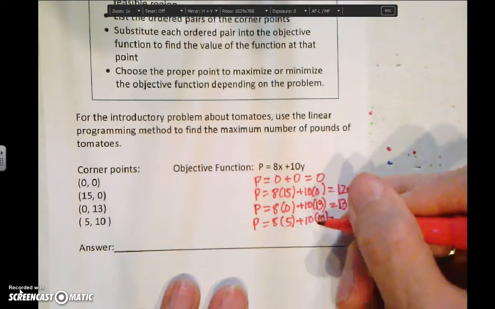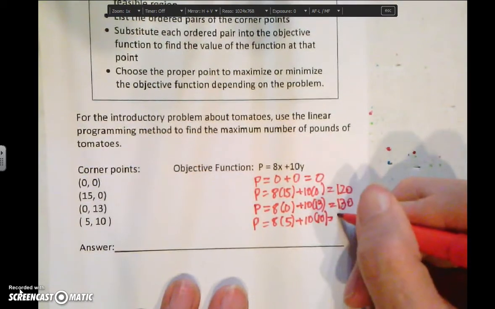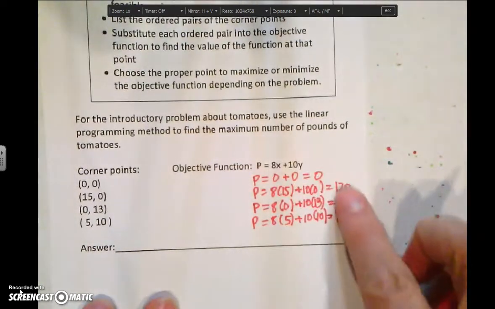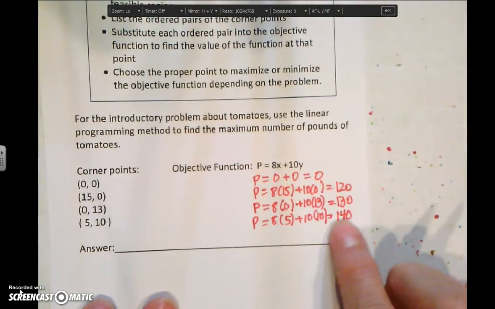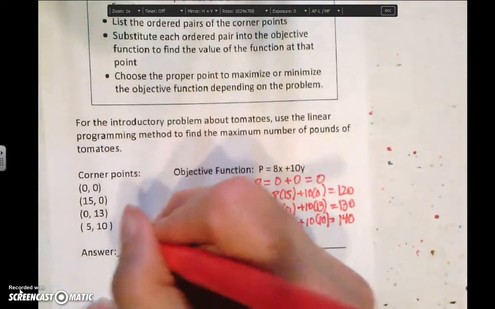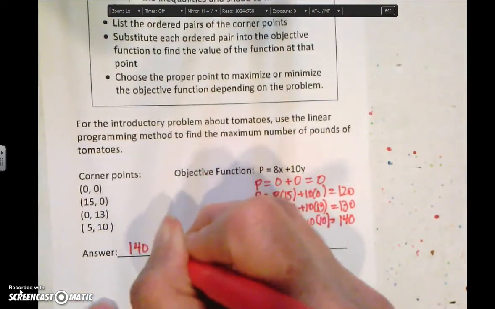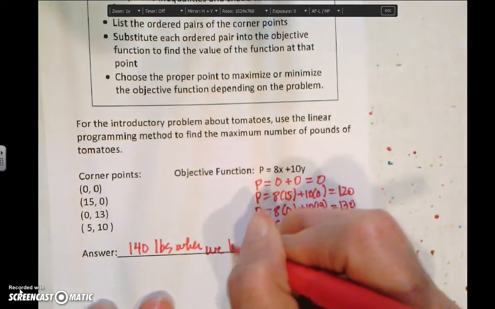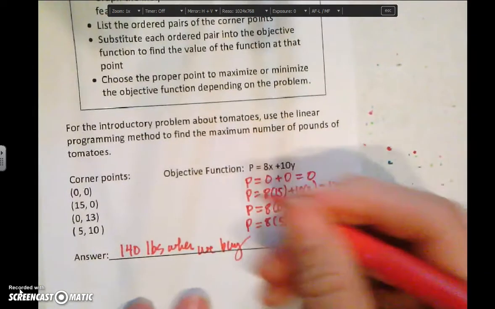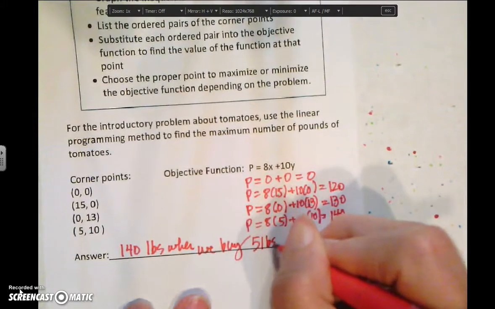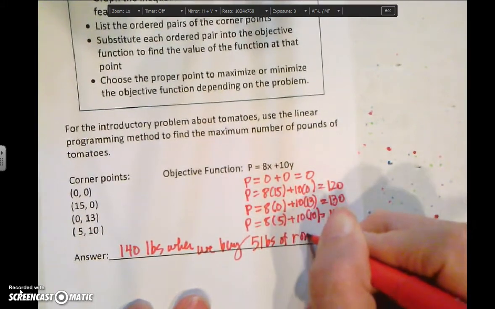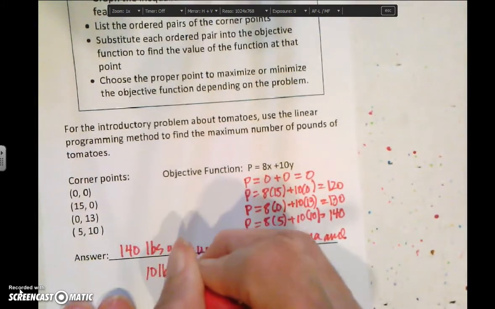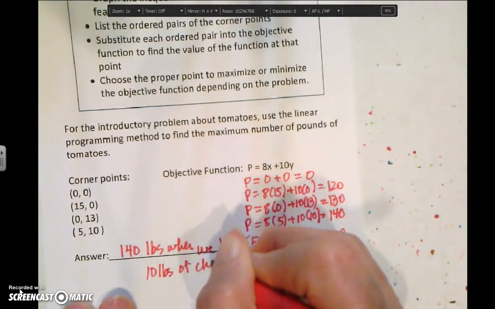So that's 40 plus 100 is 140. So the maximum number of pounds we came up with is 140. So the answer is 140 pounds when we buy, and it was 5 pounds of Roma and 10 pounds of cherry tomatoes.